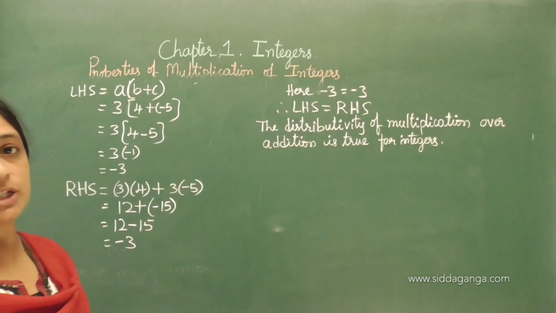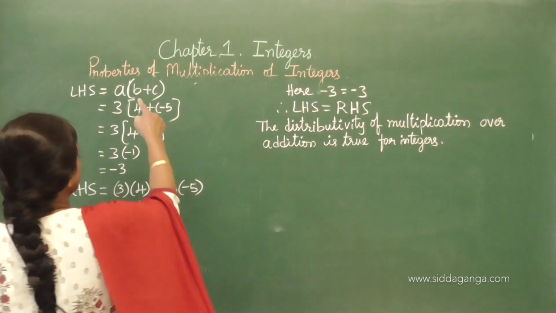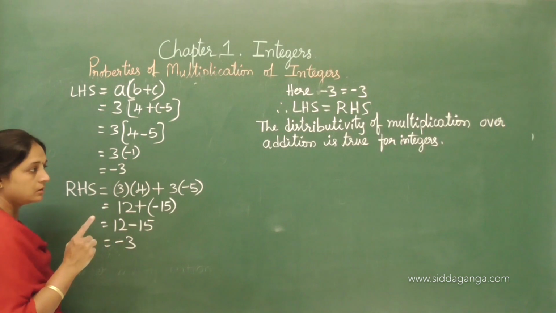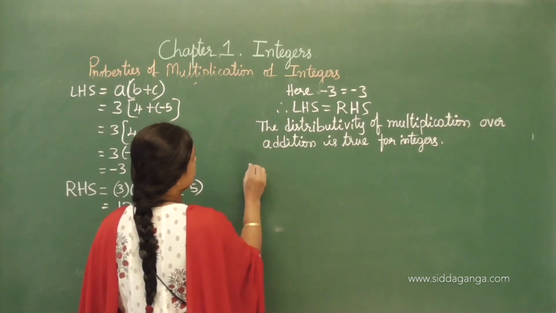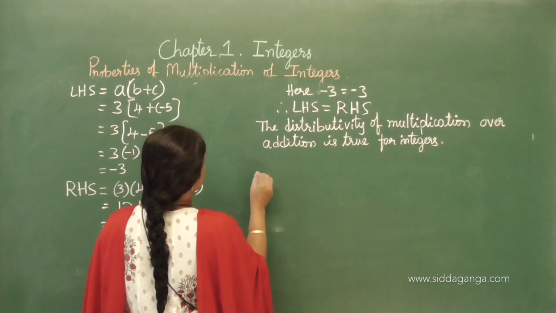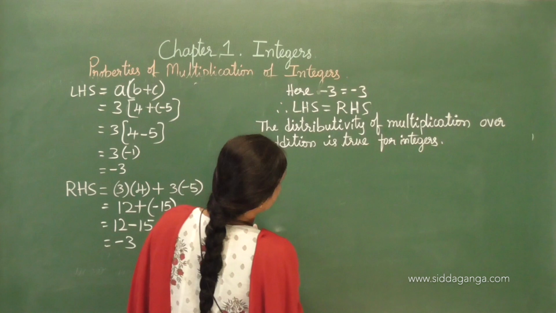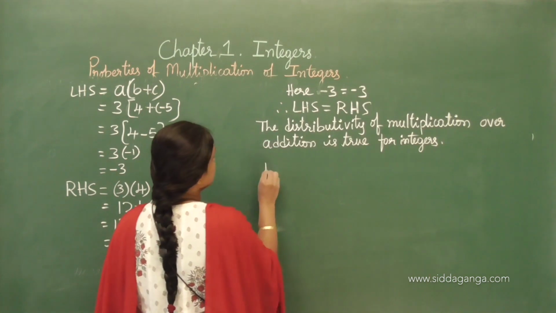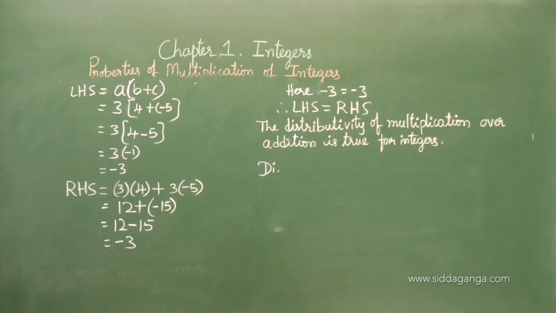Okay, then in this only consider the subtraction, multiplication over subtraction. So take A and B same. Okay, the condition is for subtraction, distributive property.